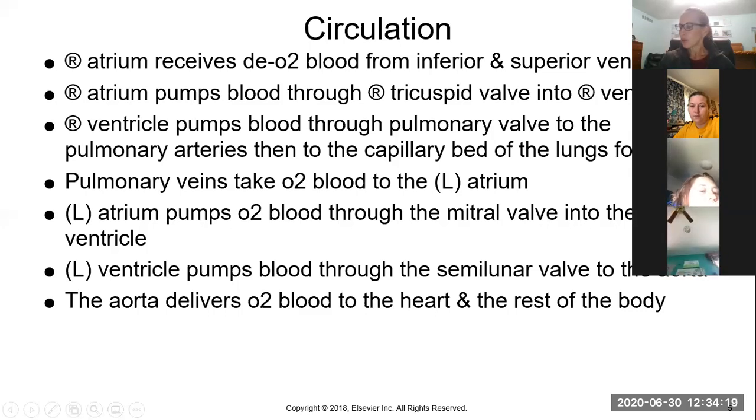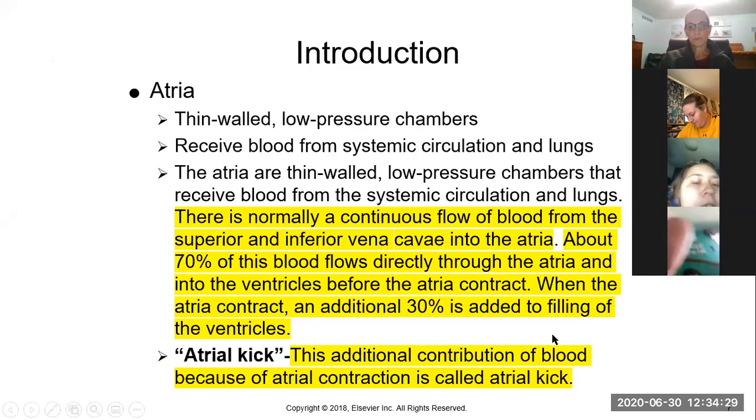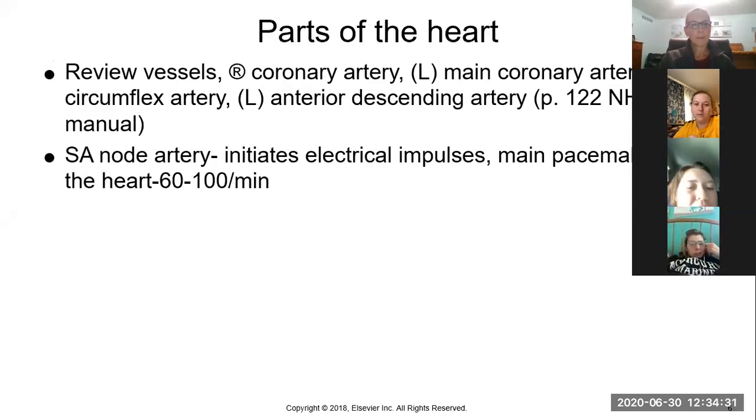Okay? So that is on page 121 if you want to make note of it. That's what the whole circulation system does. Okay. So parts of the heart are on page 122.